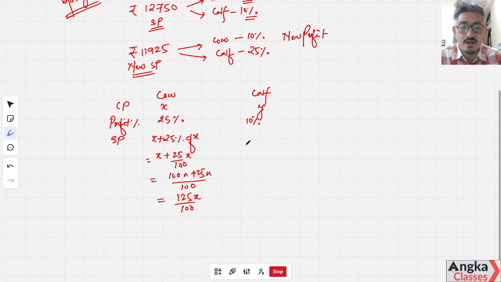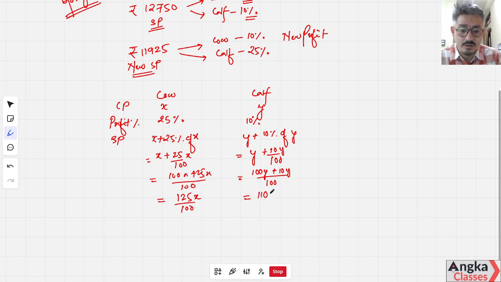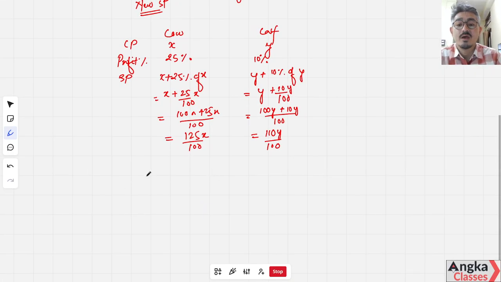Similarly, the selling price of the calf is y plus 10% of y, which is y plus 10 by 100 y, which is 100y plus 10y, so we get 110y by 100.